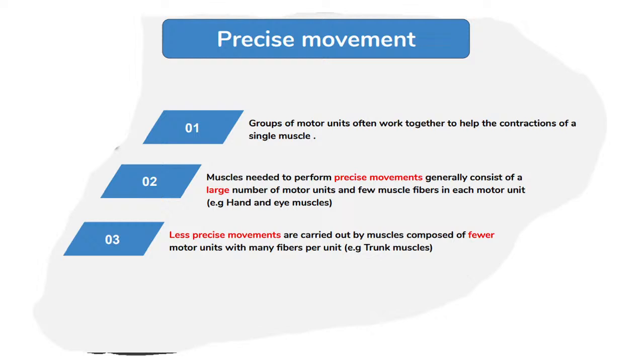Whenever there is a requirement of less precise movement, you should have the orderly recruitment of fewer motor units with many fibers per unit. It is not that more fibers means more force. For precision, you need fewer fibers per unit. Got it?